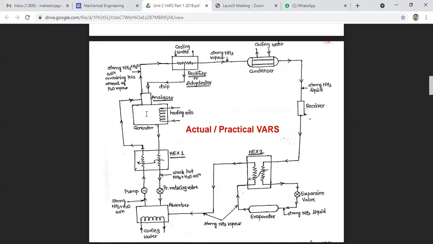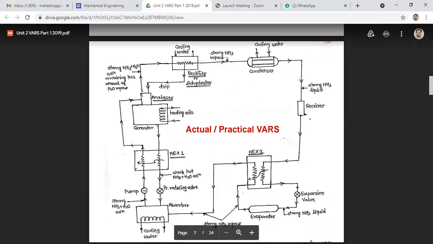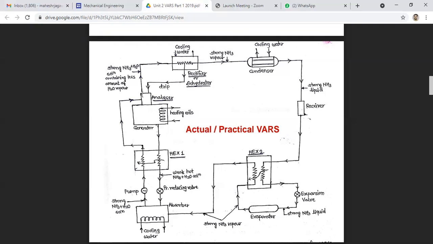The analyzer consists of a series of trays mounted over the generator, and it acts as an open type heat exchanger. The high pressure strong aqua solution from the absorber via the aqua heat exchanger, along with the condensate removed in the rectifier, flows down over the trays and cools the hot rising ammonia vapors from the generator.